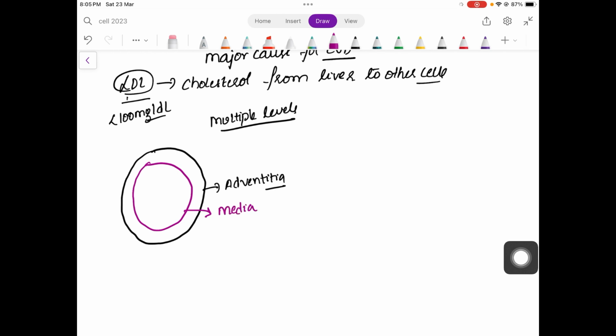And one more layer is tunica intima. The deposition of LDL will occur here, in the subintimal layer.